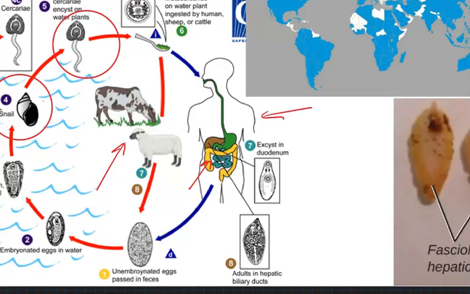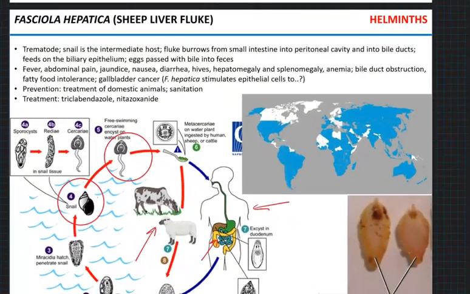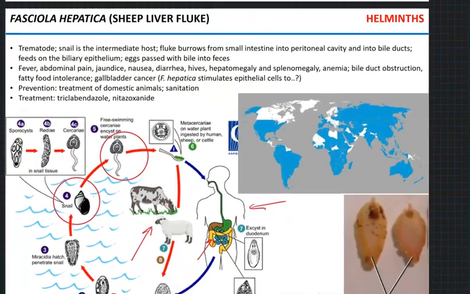They damage both, which explains well the symptoms. So hepatomegaly, hives, nausea, diarrhea, malabsorption of fats, that kind of stuff. But the most exciting thing here is the gallbladder cancer.